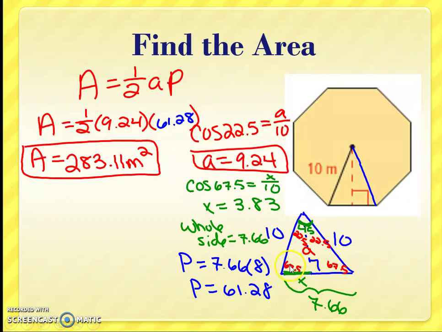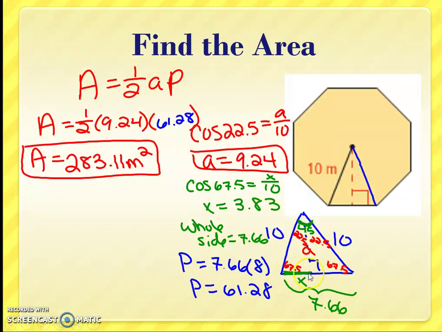Cosine of 67.5 is adjacent over hypotenuse, so that's x over 10. So the x is this right here. So cosine 67.5 equals x over 10. Then I'm going to cross multiply. I put this in the calculator, multiply by 10, I get 3.83.